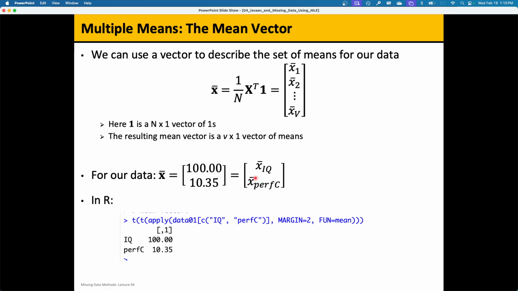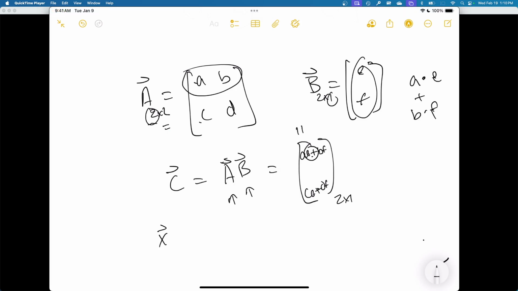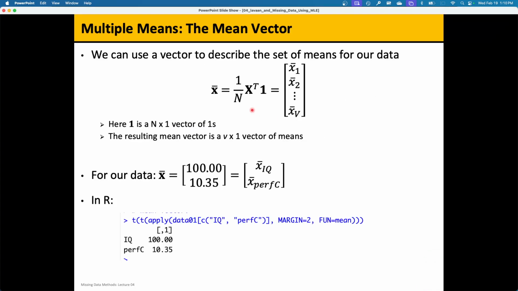And when you do the products for the math, think about it. If we took X transpose times 1, for each one of those products, we have to take every element of the first row of X and multiply it by every element of the first column of 1.